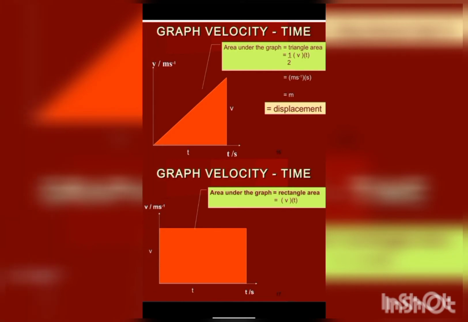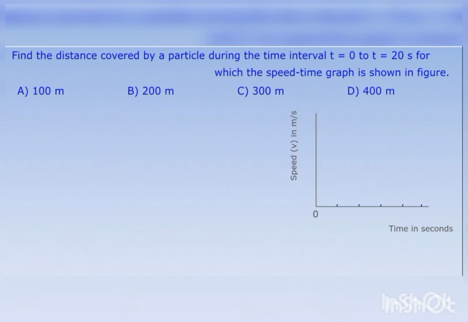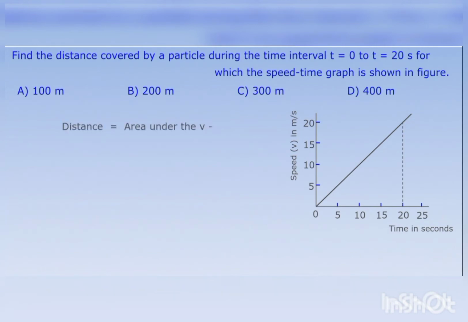Let us take the first example. Find the distance covered by a particle during the time interval t is equal to 0 to t is equal to 20 seconds, for which the speed time graph is shown in the figure. These are the options. Simply we will draw the points and we get a straight line. This is the example of uniform acceleration, but we have to find the distance covered by the particle.